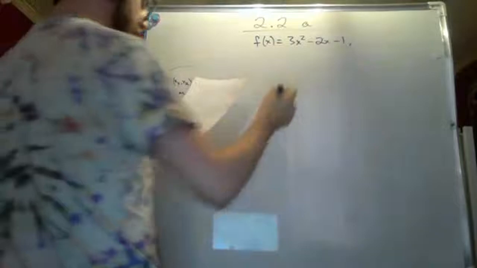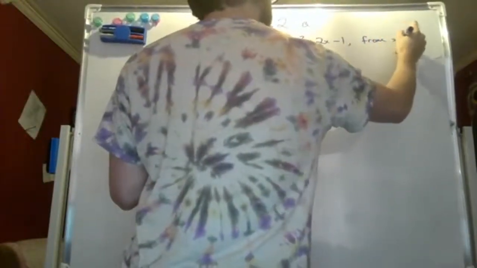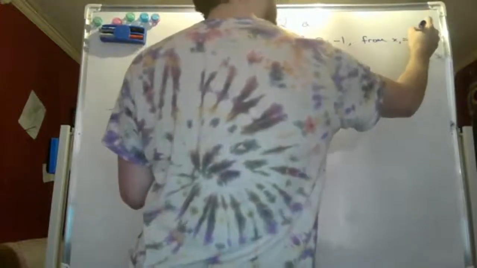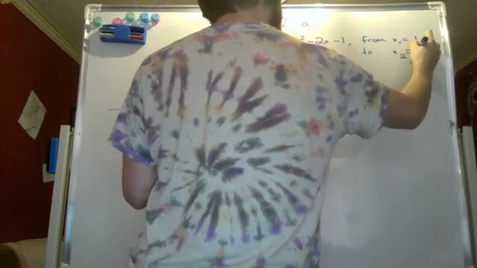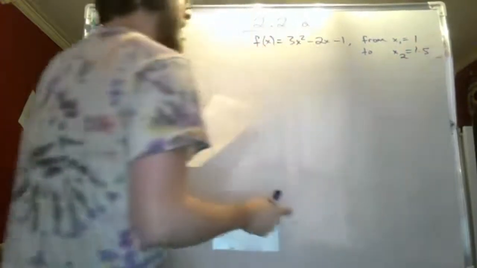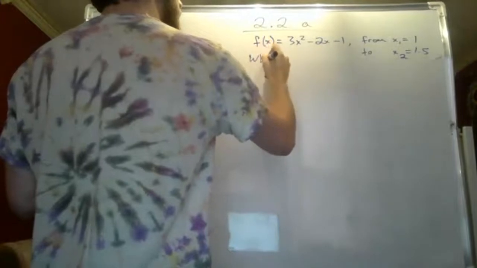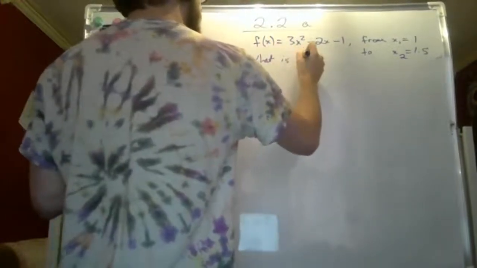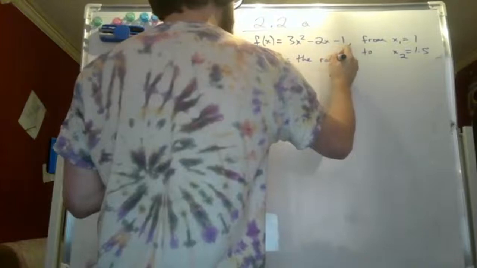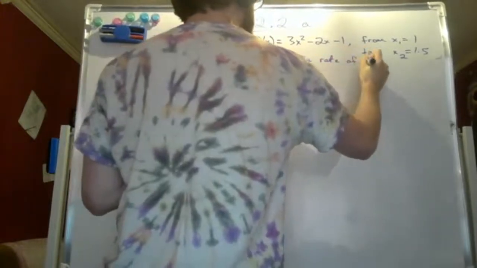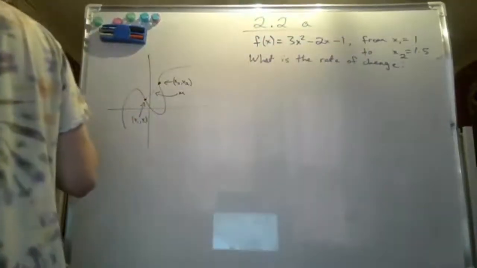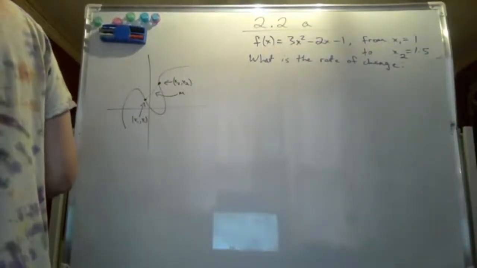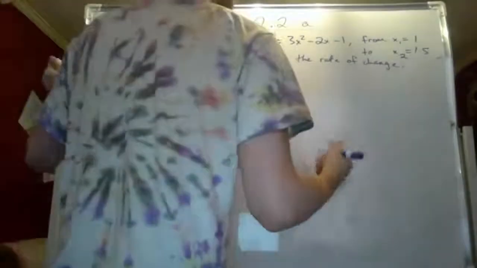And we're curious about from x1 equals 1 to x2 equals 1.5. What is the rate of change? This is a question you may very likely see on Hawks Learning. So we're just going to apply our formula here.